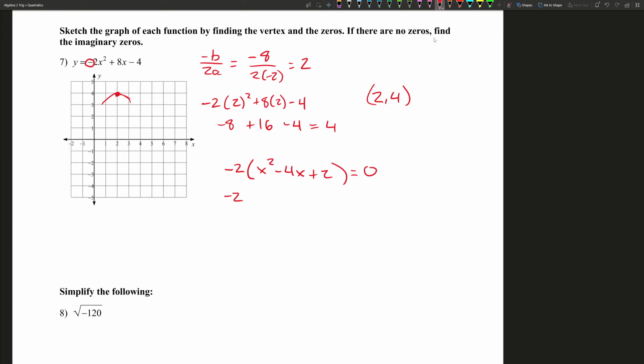If we factor the thing inside, we can't. There are no factors of 2 that add up to -4. So we're just going to use the quadratic formula.